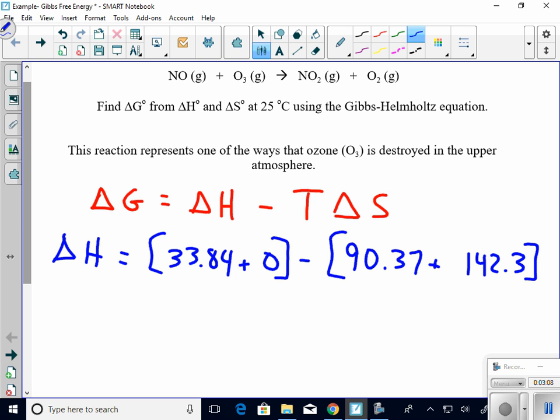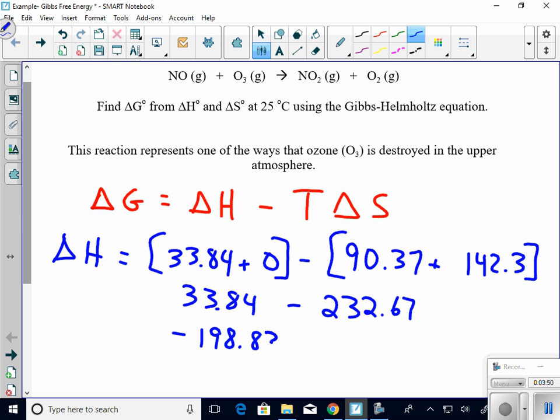So when I add those together, it's going to be 33.84 minus, I'm going to add together 90.37 plus 142.3 equals 232.67. So 33.84 minus 232.67, and that's going to give me a negative 198.83.